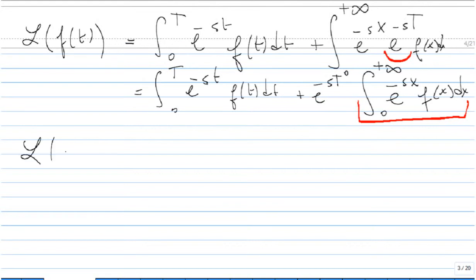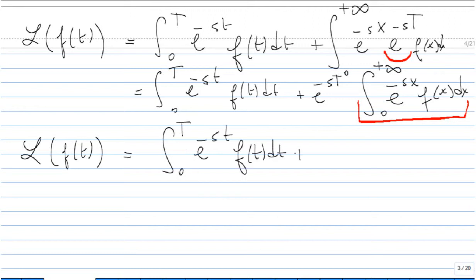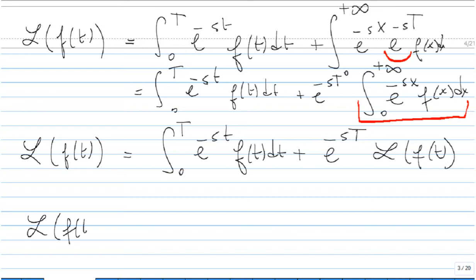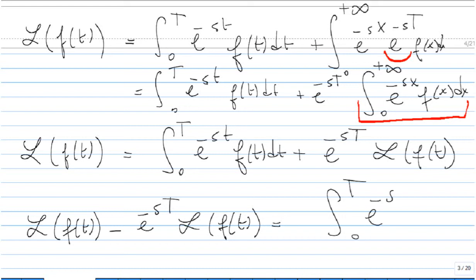So we have Laplace of f of t equal the integral from 0 to T of e to the minus st f of t dt plus e to the minus sT, the period, times Laplace of f of t. So if we do some algebra, we have Laplace of f of t minus e to the minus sT Laplace of f of t equal the integral from 0 to T of e to the minus st f of t dt.